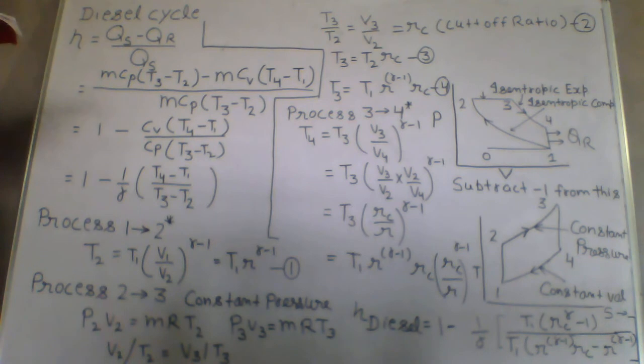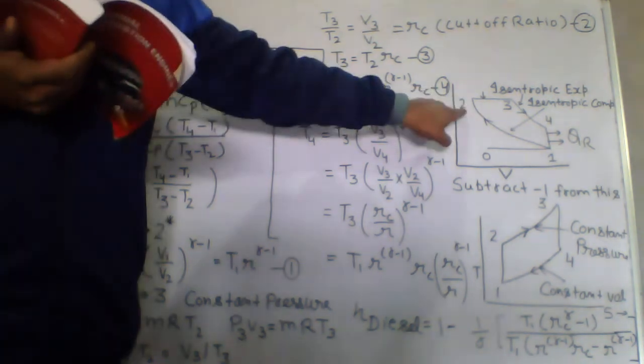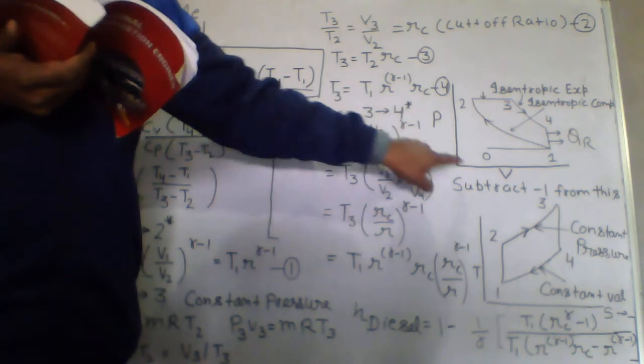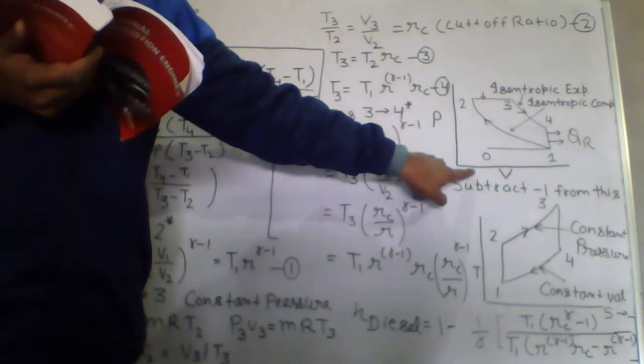The difference between Otto cycle and diesel cycle is in the process of heat addition. In Otto cycle, heat addition takes place at constant volume, whereas in diesel cycle, heat addition is at constant pressure. You can see this PV diagram is for diesel cycle.